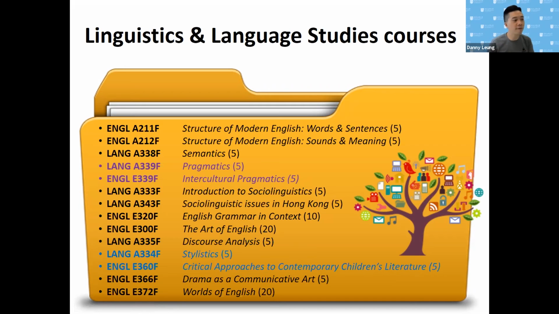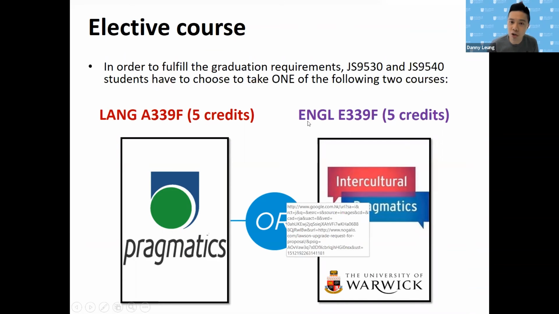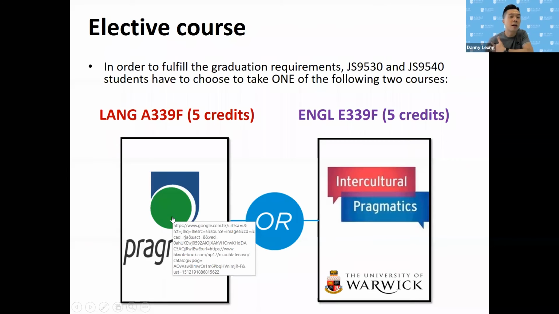But more interestingly, if you move a little bit up, you can see the other two courses highlighted in purple, Pragmatics and Intercultural Pragmatics. A very attractive highlight of these two elective courses is that you can choose to do Pragmatics with the Open University of Hong Kong, which has no difference in terms of how you complete other courses, because the program is offered by us and you are one of us, an OUHK student.